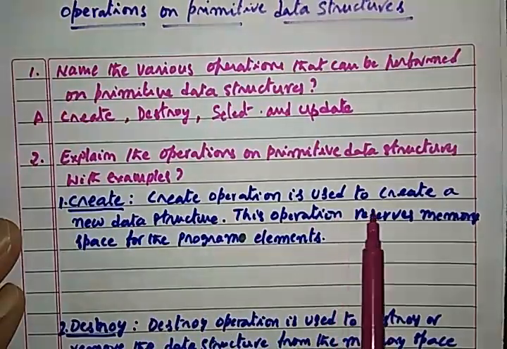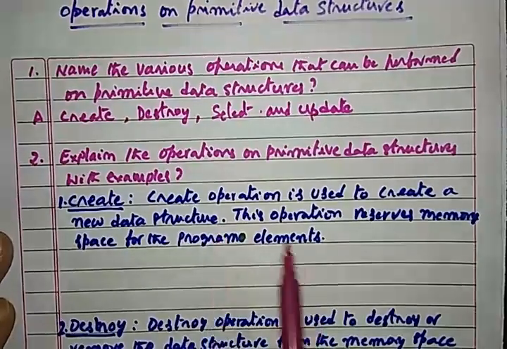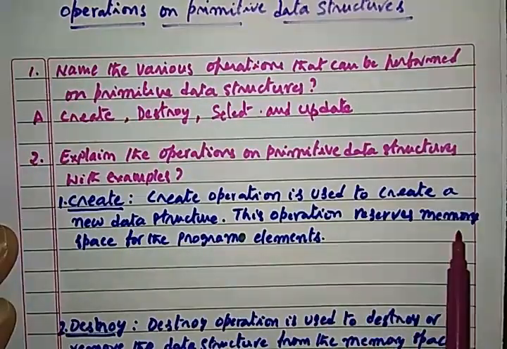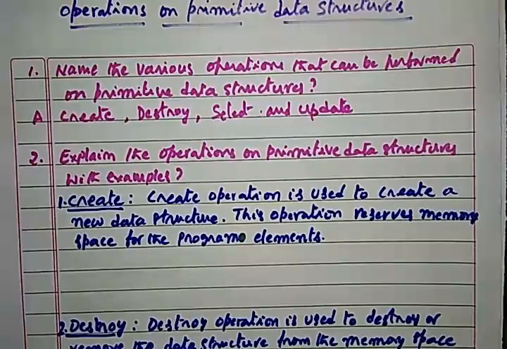Create operation is used to create a new data structure. This operation reserves memory space for the program elements. When you write a program you should know the data. So you can create data. Sometimes you can take it from outside, but you can create it also.